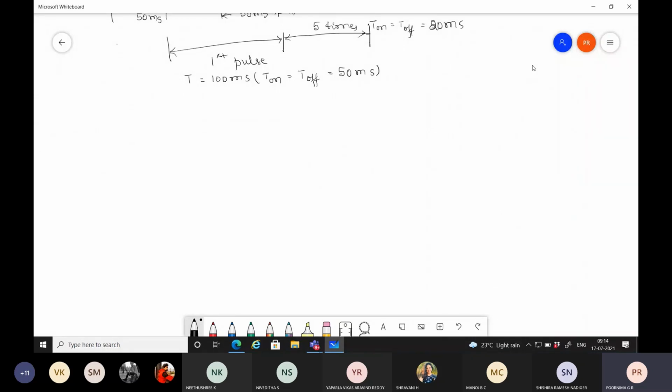How do we generate such pulses in the program, the actual time delay? If you go for time delay, first you need to generate the time delay for 50 milliseconds, the required time delay for either the on period or the off period, T on or T off.